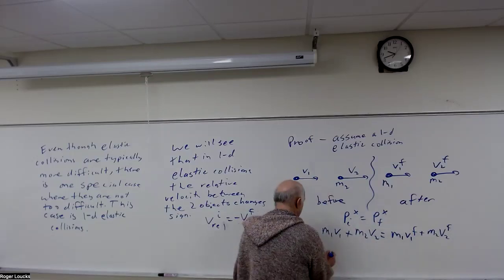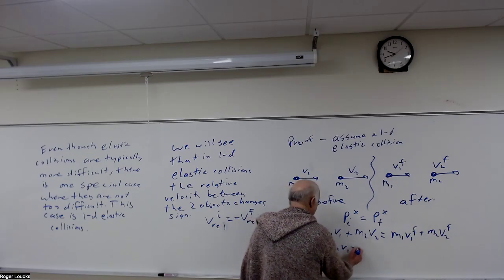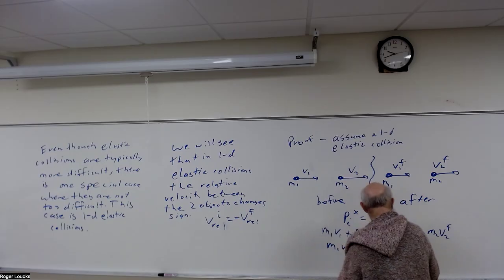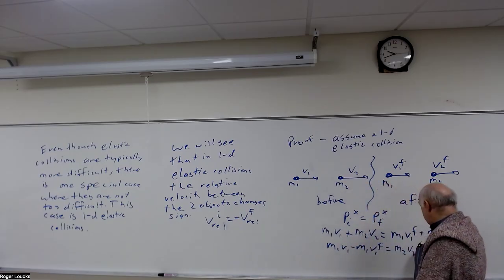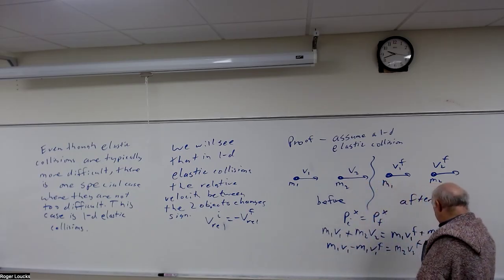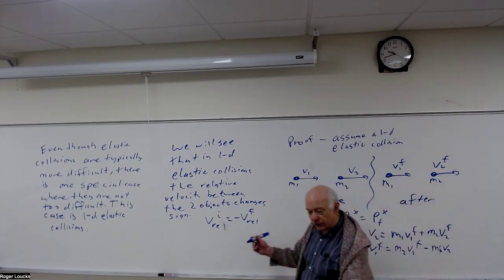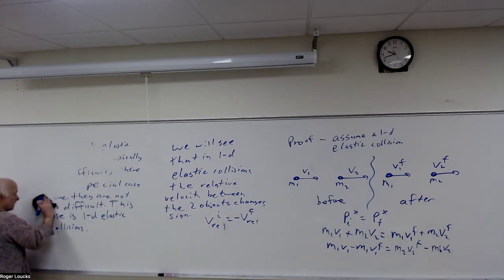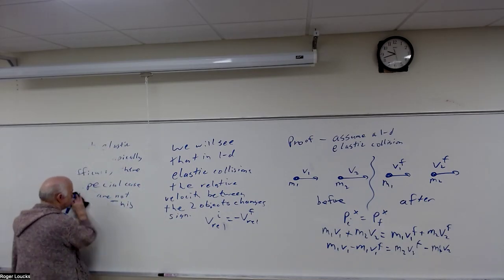So if I do that, I can write this as M1 V1 minus M1 V1 final equals M2 V2 final minus M2 V2. And I'm going to factor out the M1 on the left and the M2 on the right. And again, this is only obvious because I've done this derivation before.